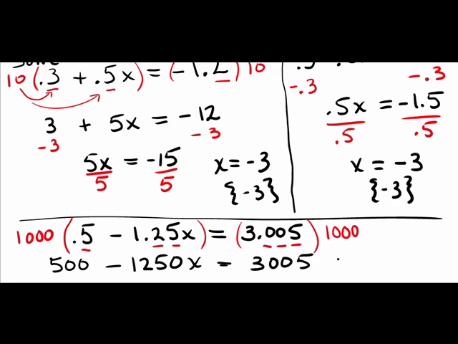And then you would proceed, as we normally do, to solve the equation, subtract 500 from both sides, and continue from there. So if you want to use the technique of multiplying both sides through by a power of 10 that will eliminate the decimals, you need to have the number of zeros in your multiplier equal the largest number of decimal places.